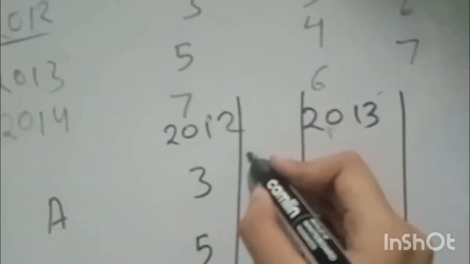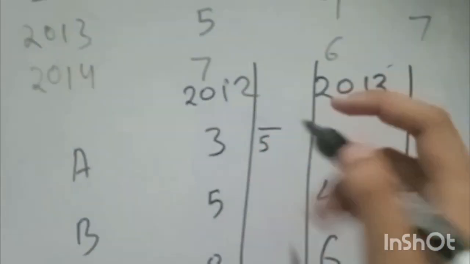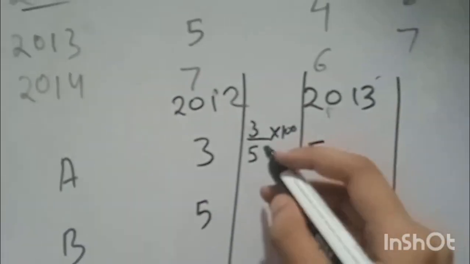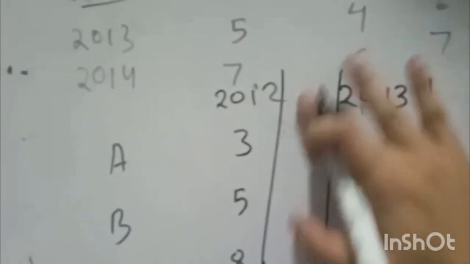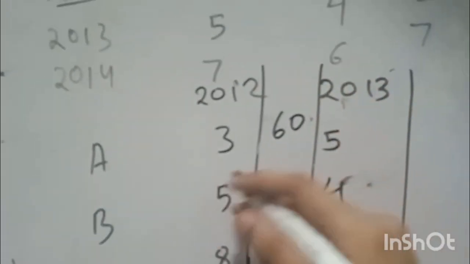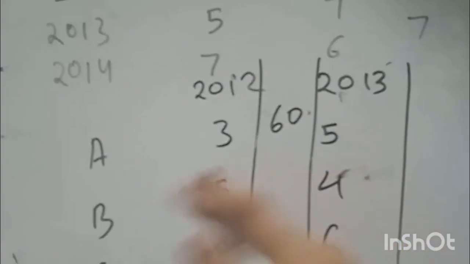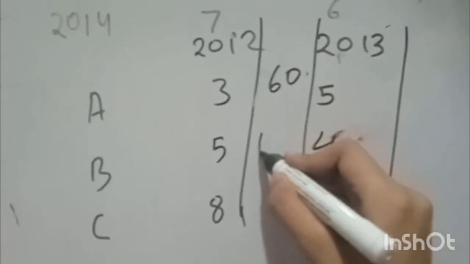Now what we do, we take the base and divide the numerator by it. So the price relative here, I'm just writing it. 3 into 100 upon 5, so the price relative here is 60. 5 upon 5 into 100 will be 100.